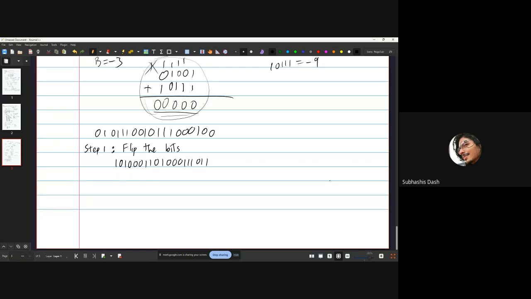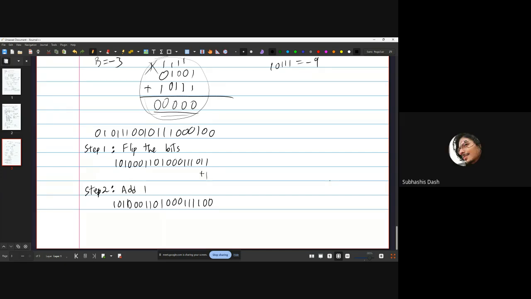So now, if I want to turn everything into 0, what do I have to do? I can simply add 1. Step 2 is add 1. So now what do we get? 0, 1, 0, 0, 0, 1, 1, 0, 1, 0, 0, 0, 0, 0, 1, 1, 1, 1, 0, 0.